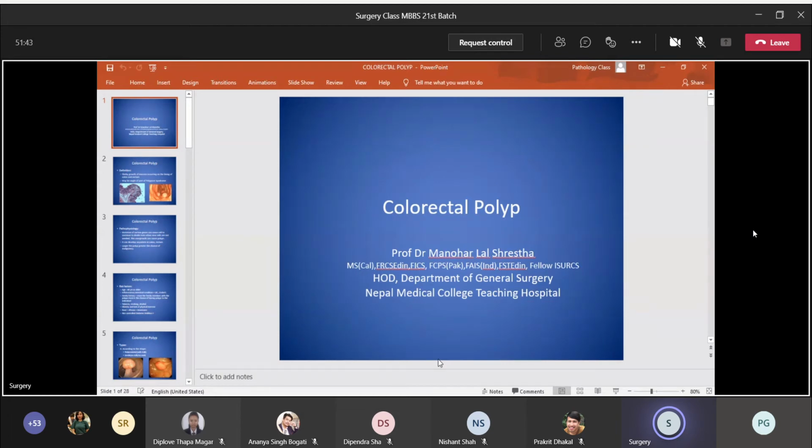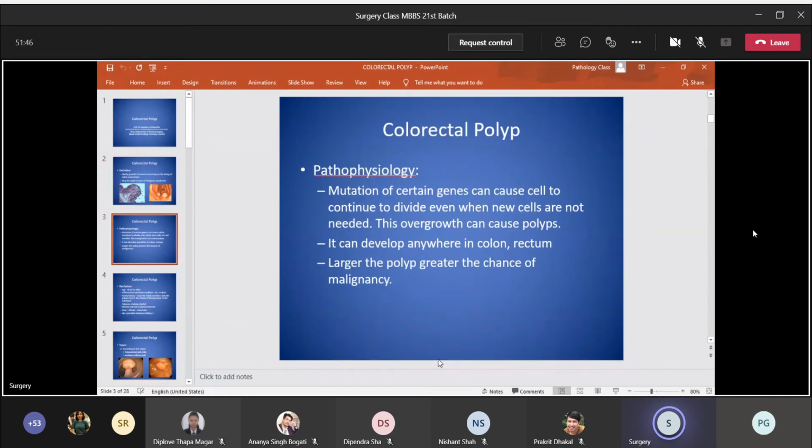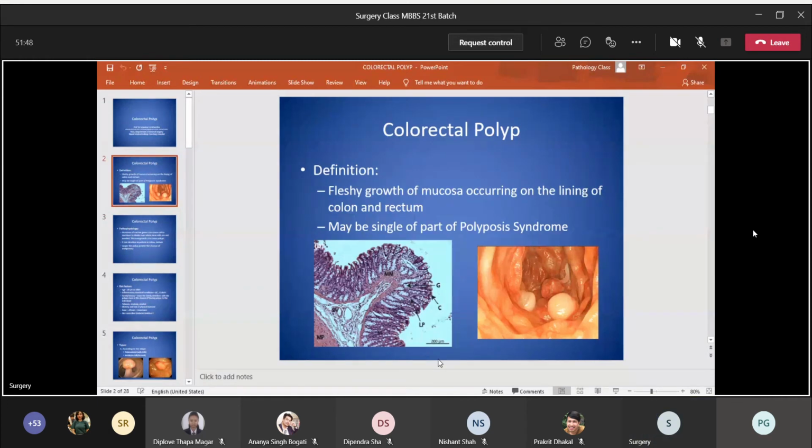Okay, so by definition, this is a fleshy growth of mucosa. You see, it's a mucosa occurring on the lining of the colon and rectum. So it's a fleshy growth, may be single or part of a polyposis syndrome.